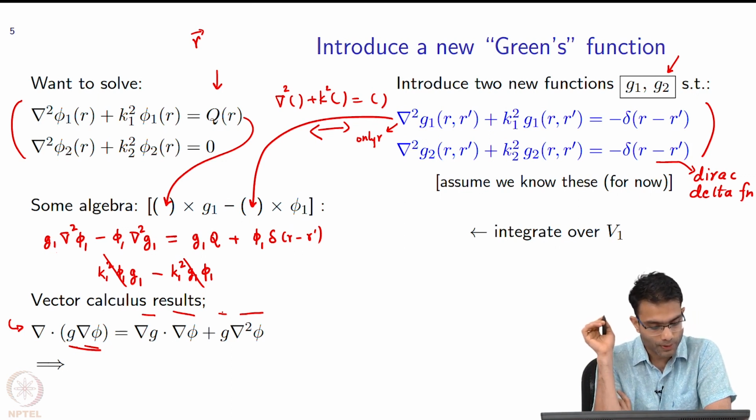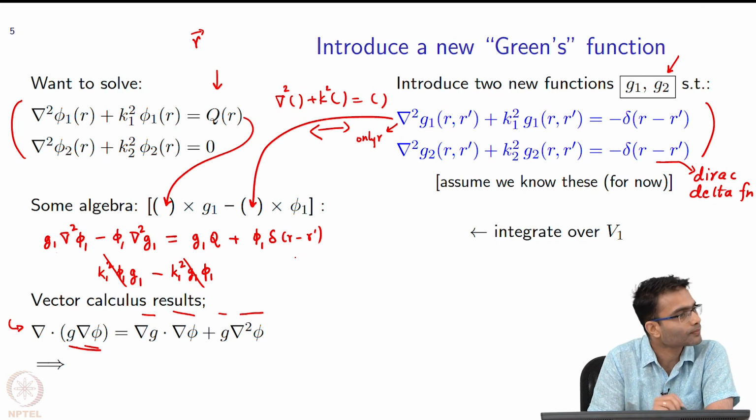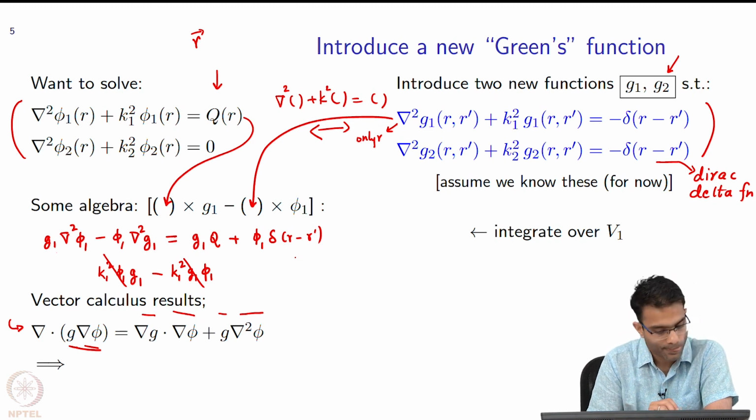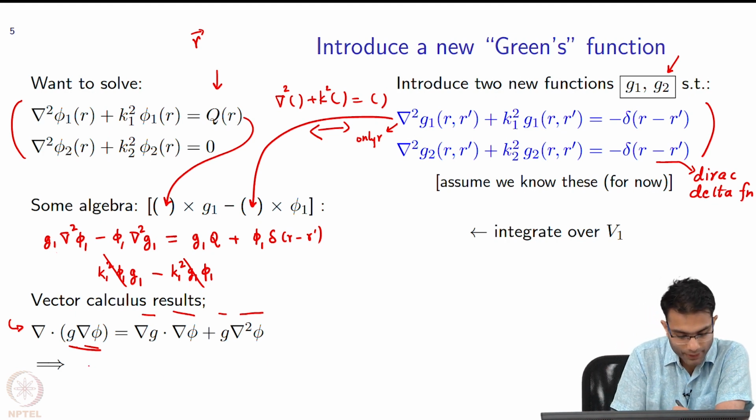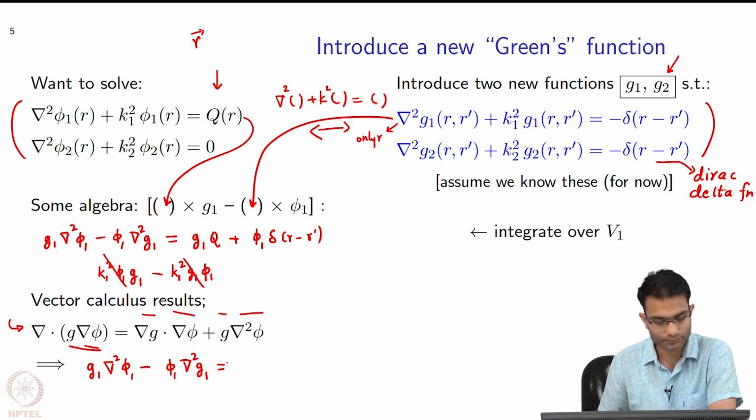Okay. So using this identity, can I rewrite the left hand side of this equation, right. So if you look at this one, if I try to write down g1 del squared phi 1 minus phi 1 del squared g1, I can write that as equal to, what will I write it?